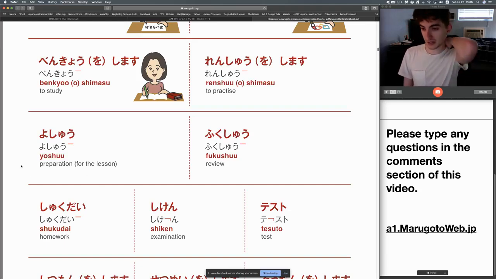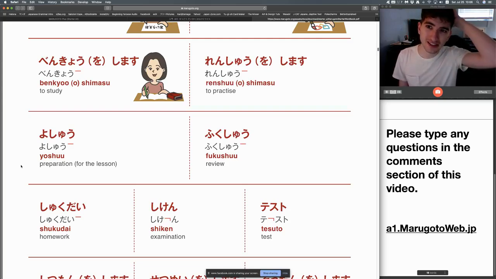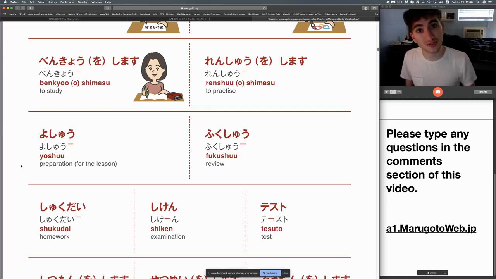Actually, I never heard this word until I went to Japan. And I studied abroad at a Japanese university, and the teacher used this word like 予習しましたか? Did you prepare for this lesson today?